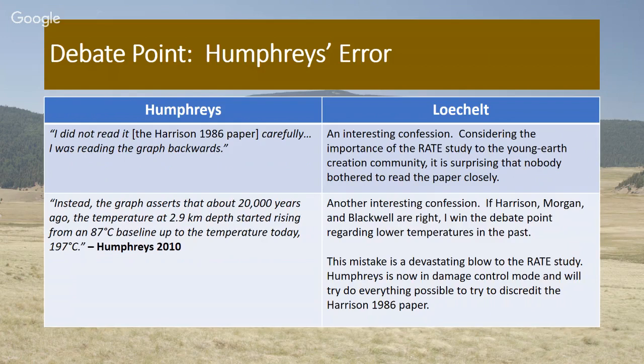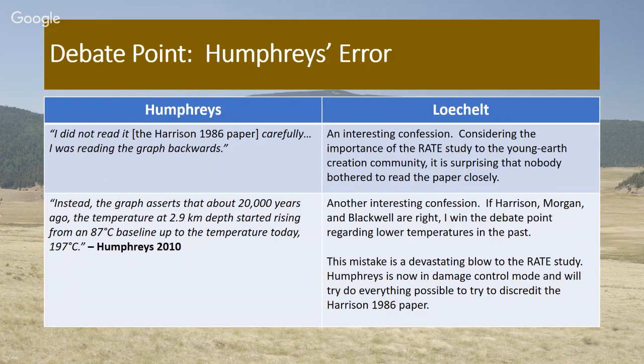But if Harrison, Morgan, and Blackwell are right, then I've demonstrated the second point in this debate. The first point being that I had to demonstrate lower diffusivity. And I showed, if nothing else, that 4 different papers published on that subject all had lower diffusivities than what Humphreys used in his RATE model.